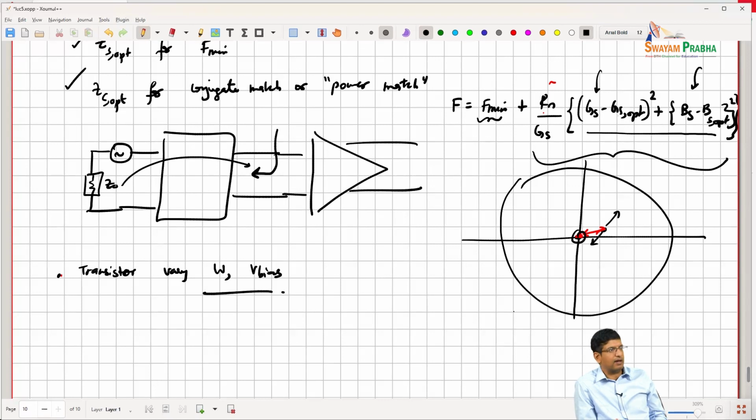That would be my ideal case scenario. So then we think about seeing if there is a systematic way for us to get both noise optimum and power optimum at the same time so that we don't have to make this trade-off, right?